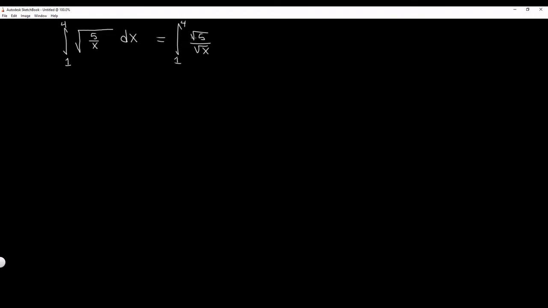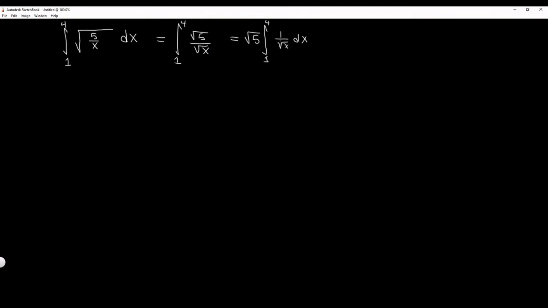Since the square root of 5 is just a constant, we can bring it out to the front. So this is equal to the square root of 5 times the definite integral from 1 to 4 of 1 divided by the square root of x dx.